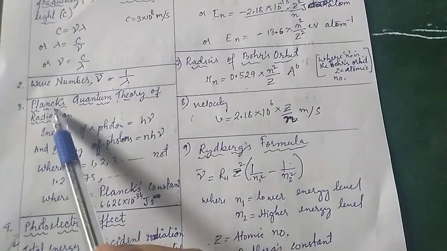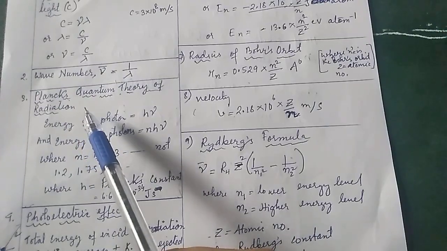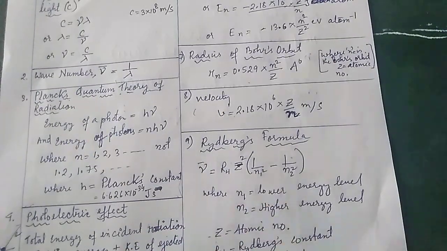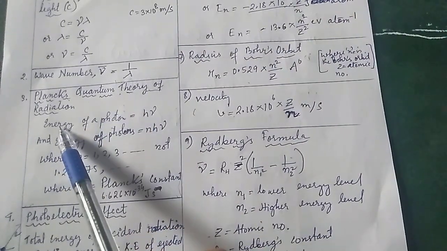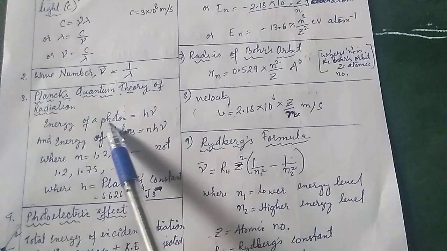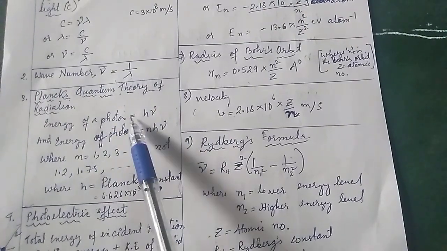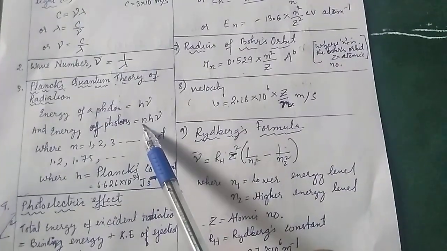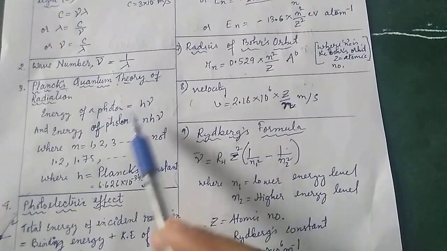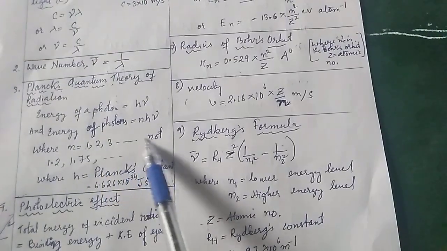Now from Planck's quantum theory of radiation, we know that energy is in the form of packets, and it is emitted or absorbed discontinuously. So energy of a photon is the energy in the form of light. Energy of a photon is h nu, but for any number of photons, it is n h nu, where n is 1, 2, 3, up to infinity.